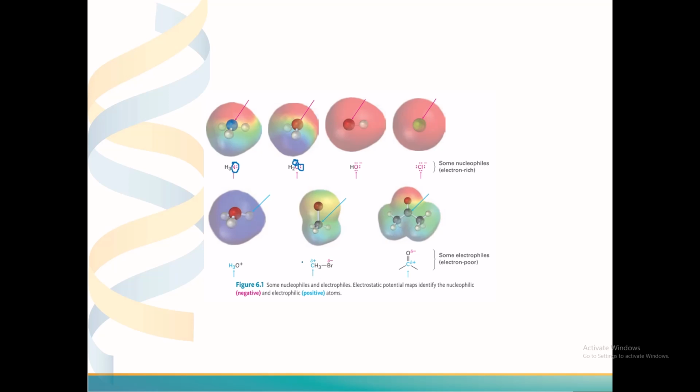Even though this is not fully positive, it is kind of partially positive. Again, another example here, this carbon is also kind of a weak electrophile. Now, even though it also has a small nucleophilic site there, this part. Remember, this oxygen has two lone pairs of electrons, which means this is also partially nucleophilic.